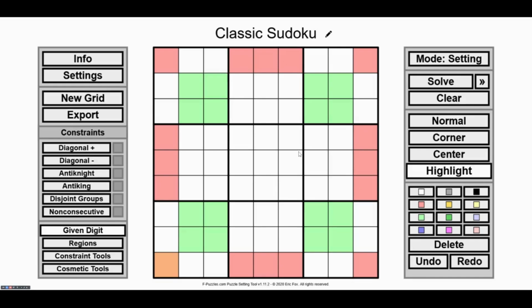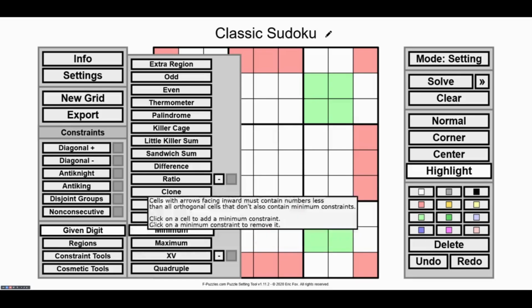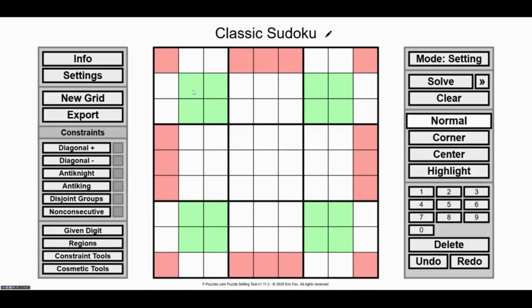So I want to use this trick to make a Sudoku puzzle. The easiest way of doing it is, suppose I give the sum of these 16 cells using a killer cage to be 16, and I give the sum of this 12 cell region to be 50.